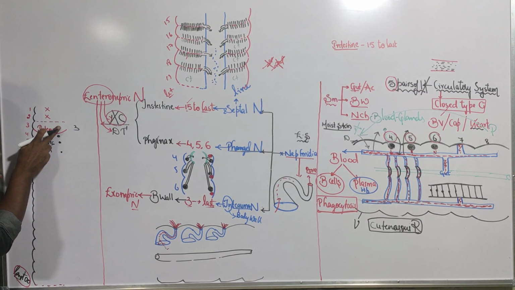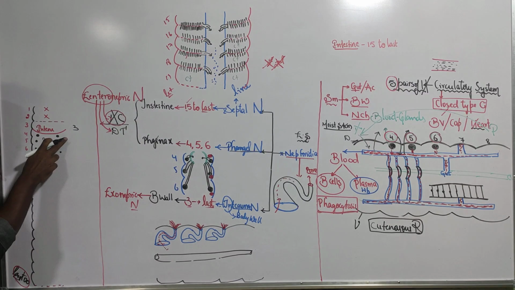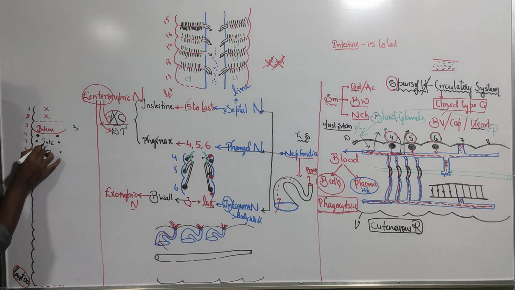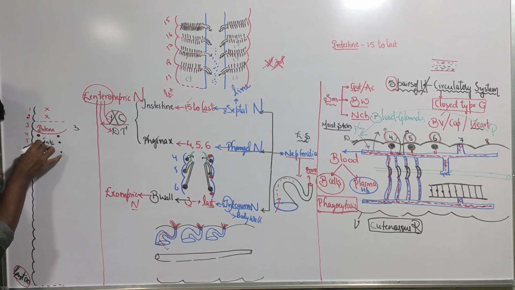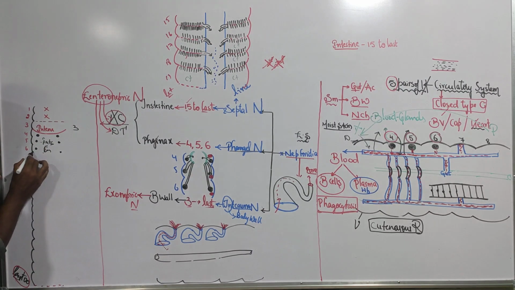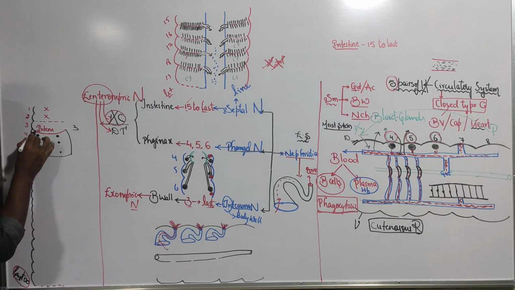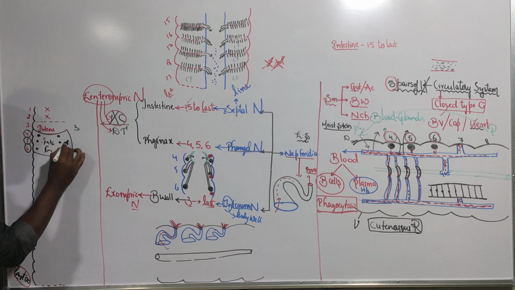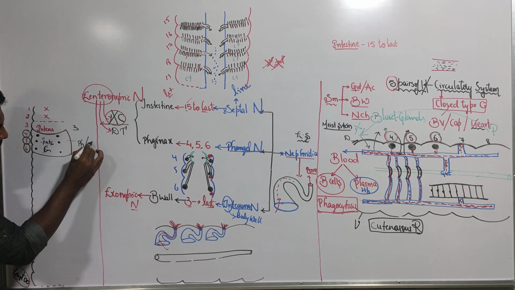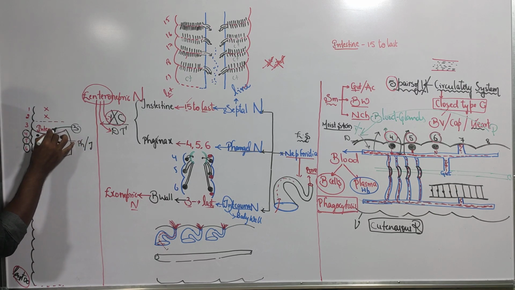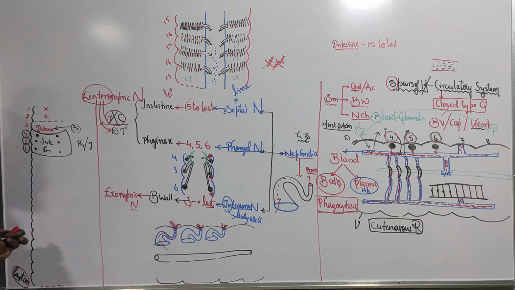So the fourth, fifth and sixth segments each contain pharyngeal nephridia and integumentary nephridia. But in the third segment, you will see only integumentary nephridia.